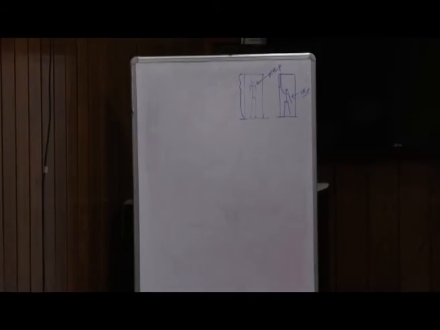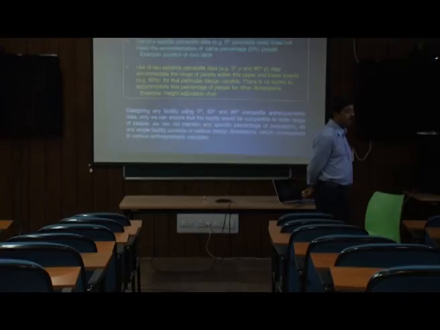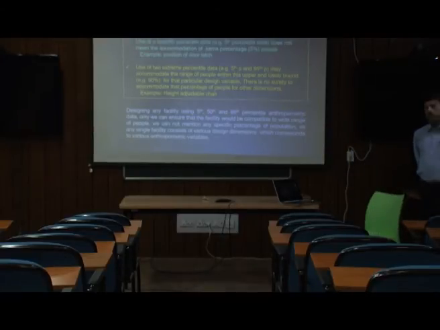Any single product or facility comprises so many design variables, and for each design variable there is a requirement of a corresponding anthropometric variable, and out of that anthropometric variable, we have to decide which percentile we need to use.